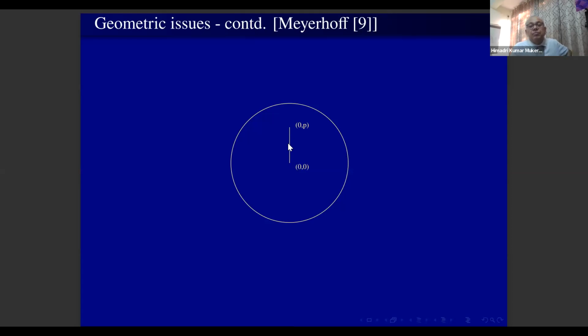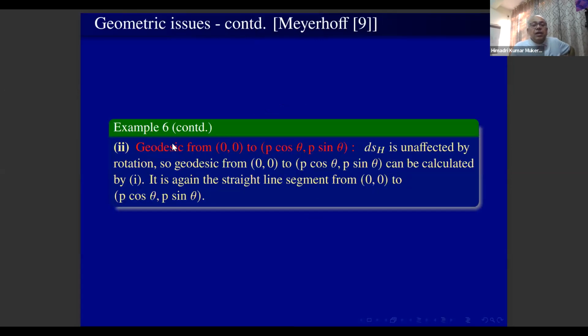Now suppose you take the geodesic from 0 to (p cos θ, p sin θ), any arbitrary point on the disk. Before we look at the length of this geodesic, we note one thing: this hyperbolic metric ds_H is unaffected by rotation.